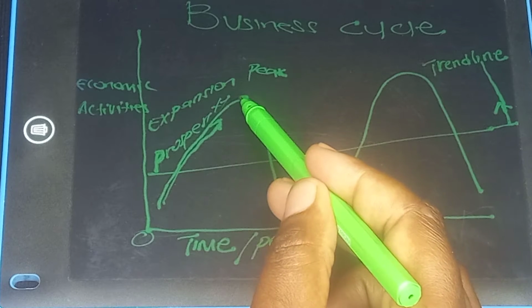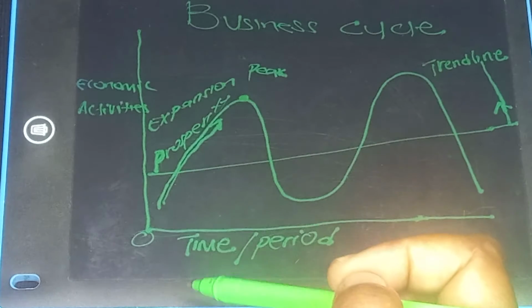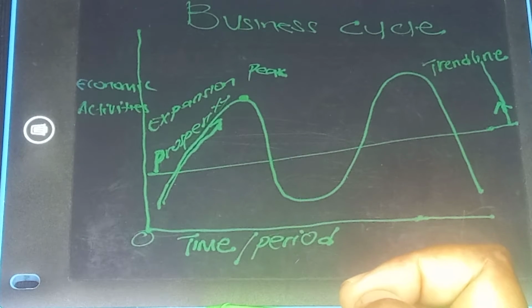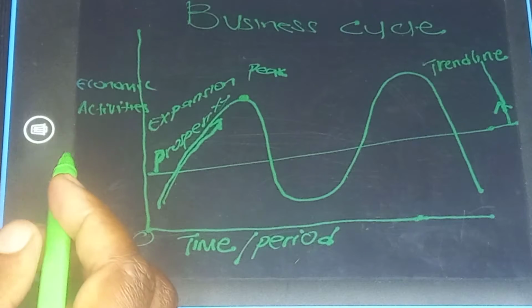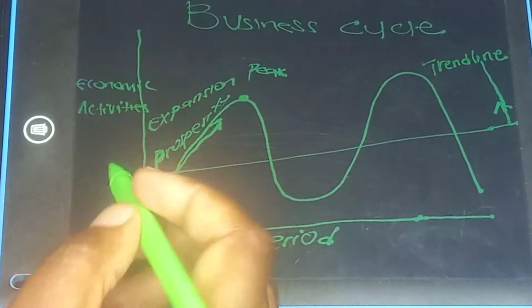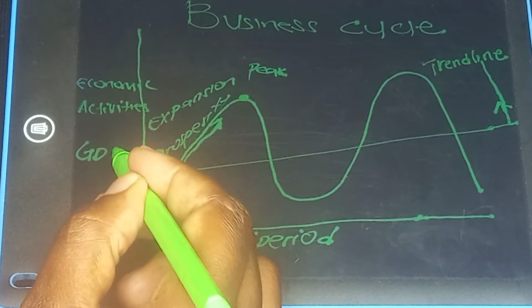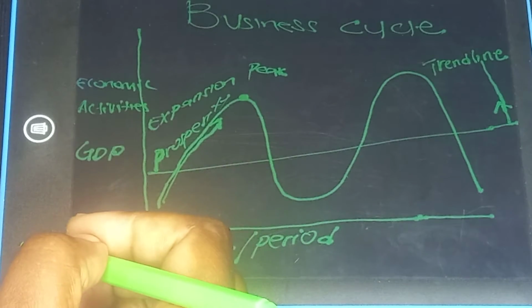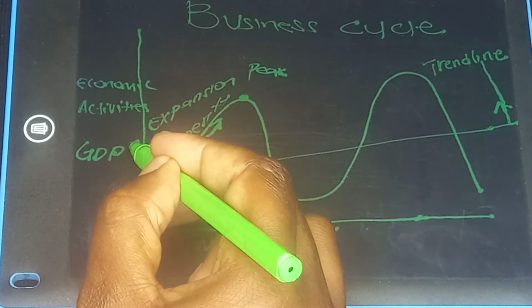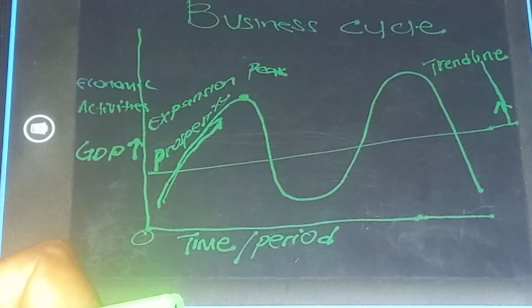Why did it reach this point? It's because there are certain aspects that are very important that took place. The economy was doing well in different aspects. Let's explain them. GDP has increased during expansion.